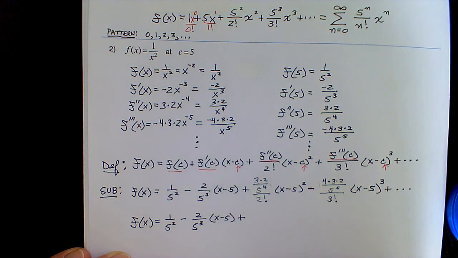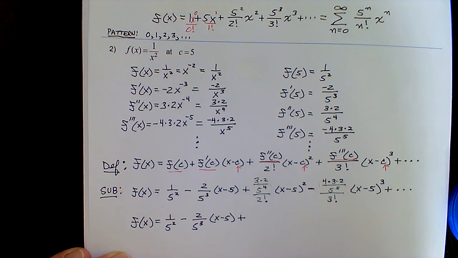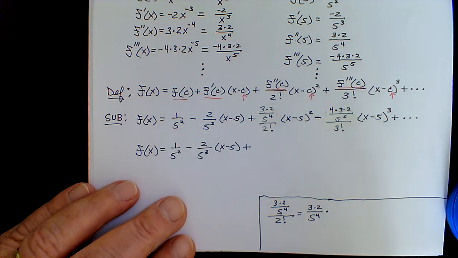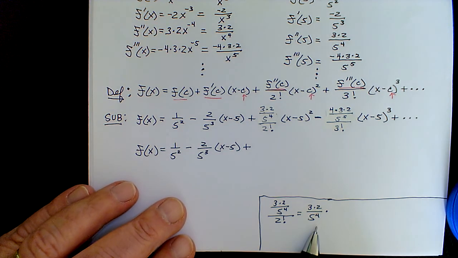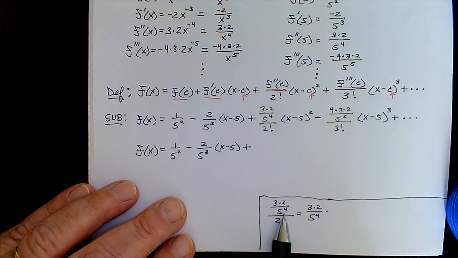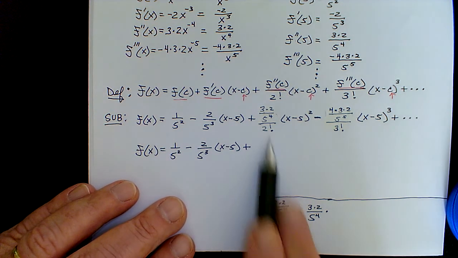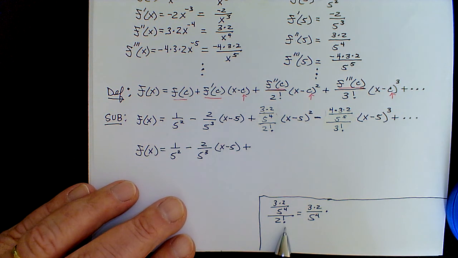2 factorial is really 1/2. And so we'd have 3 times 2 over 5 to the fourth. I'm sorry, 2 factorial is not 1/2. And sorry, you didn't see what I was writing there. So I wrote the coefficient here. 3 times 2 over 5 to the fourth over 2 factorial. 2 factorial is really just 2 times 1, or 2.